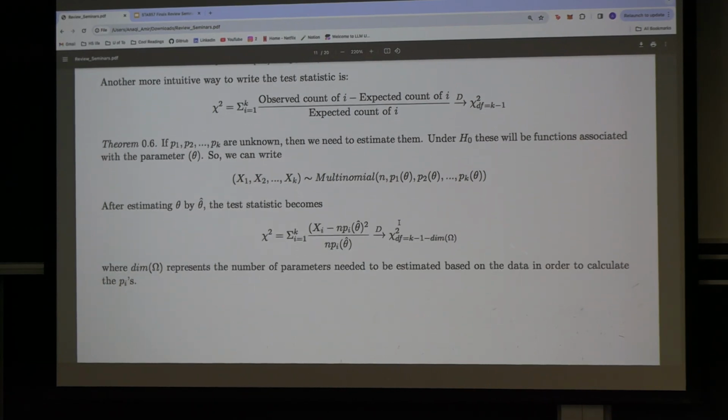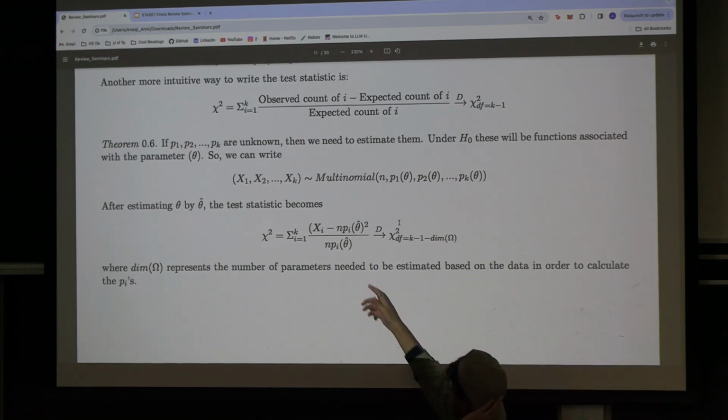Okay, so if you don't know the actual probabilities, which you normally won't, you need to estimate them under some parameter theta, and usually your best estimate is your MLE, so you would take your MLE, right? And you would still get the same thing. Cool.